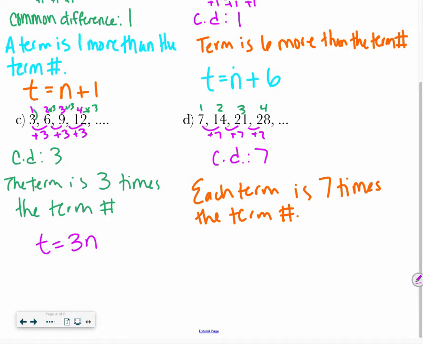So my equation ends up just being t equals 7n. And I can test it out. 7 times 1 is 7, so that checks out. 7 times 2 is 14, 7 times 3 is 21, and 7 times 4 is 28. So I know I am good there.